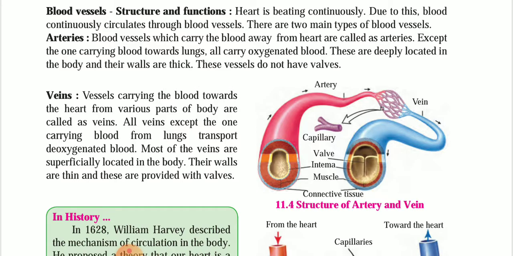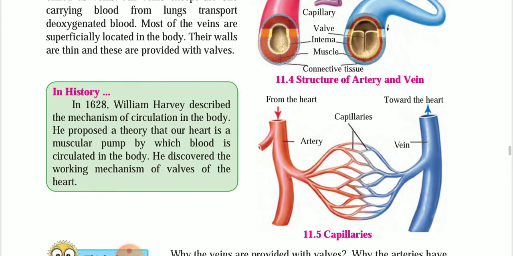Again from the body it is brought to the heart, and from the heart it is put into the lungs for oxygenation. So veins have walls, you could see, and arteries don't have any walls. So arteries have pure blood and veins have impure blood.